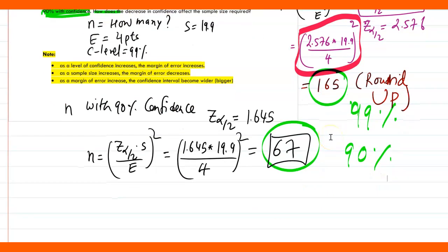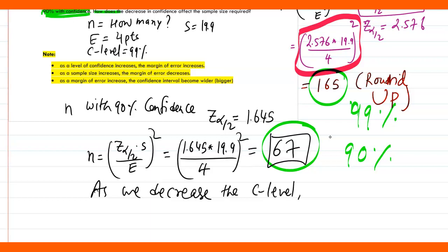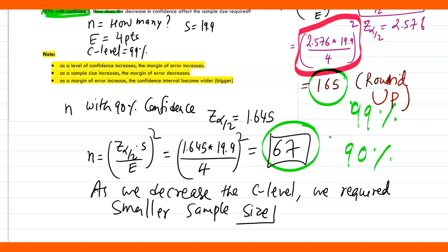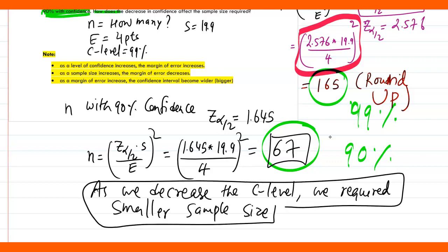Then how do you write the answer? As you decrease the confidence level, we require a smaller sample size.